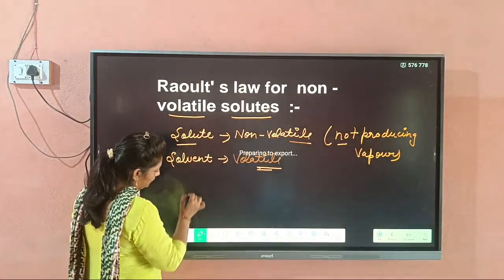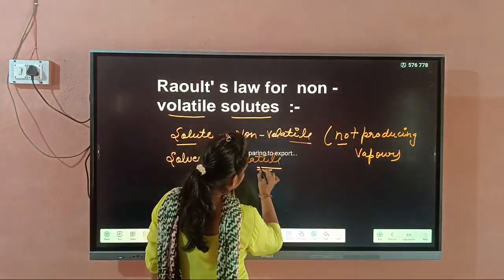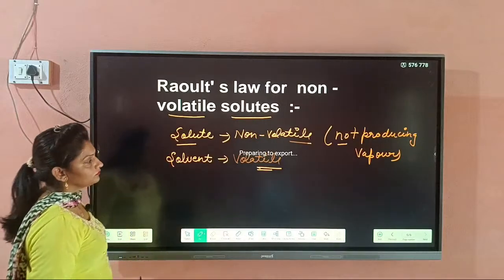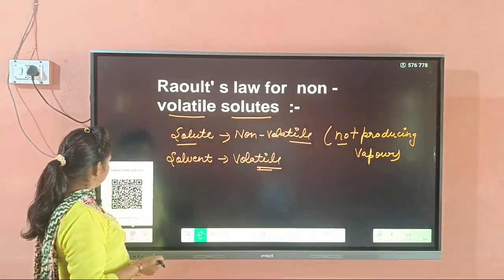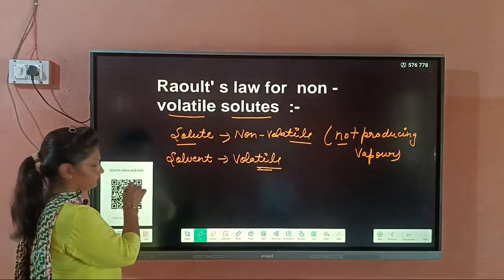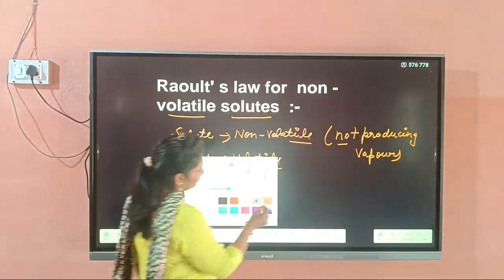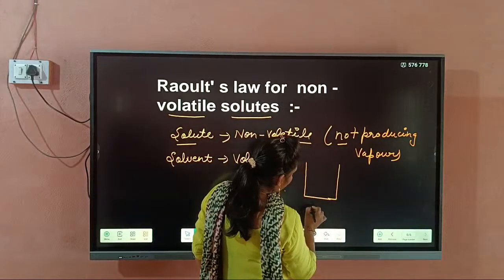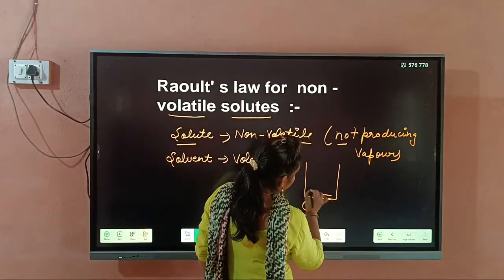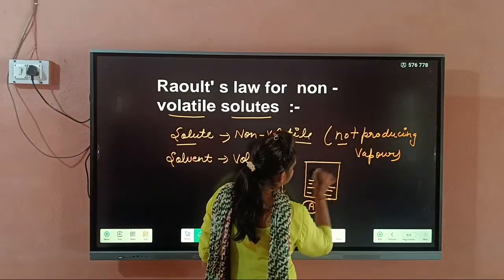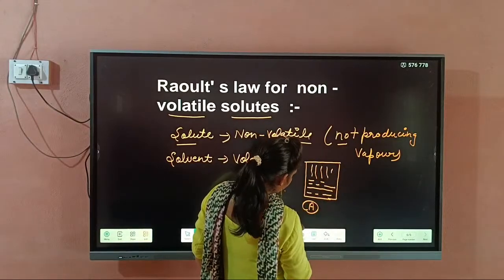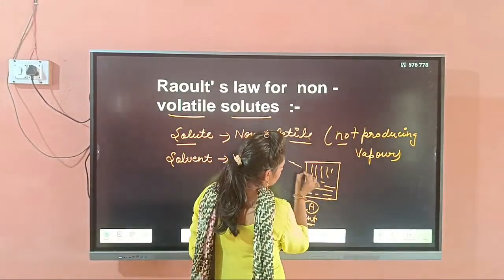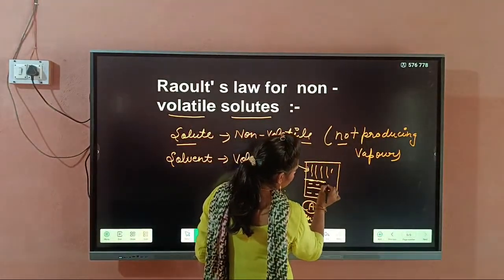Let us consider, students, this is a pure solvent A. Here molecules of solvent are producing vapors. So these vapors will exert pressure on surface of this liquid.